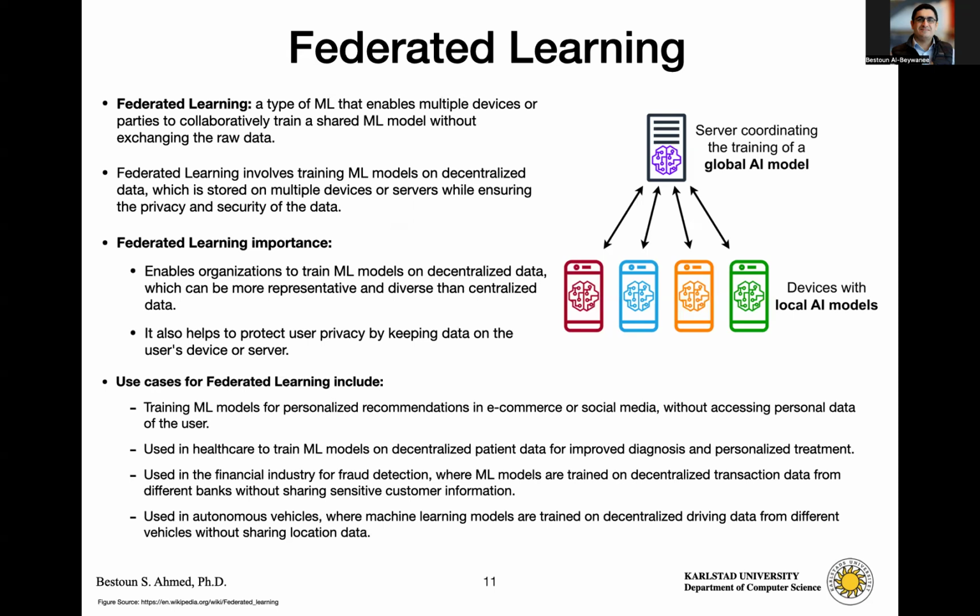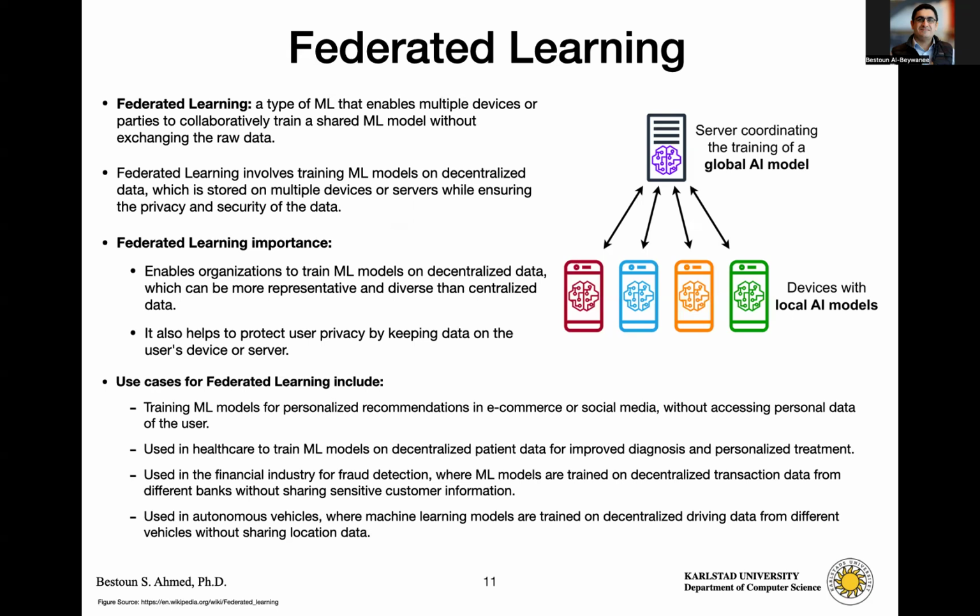But you have, for example, one centralized model, and this centralized model has different underlying models, and these models are exchanging information with the centralized model. This is the basic concept of federated learning.